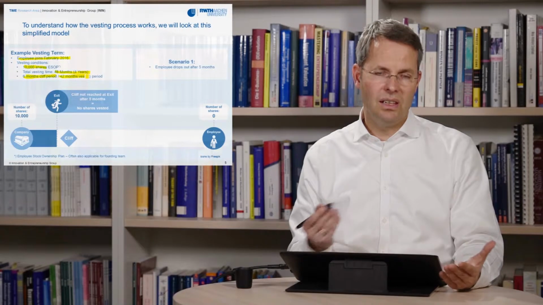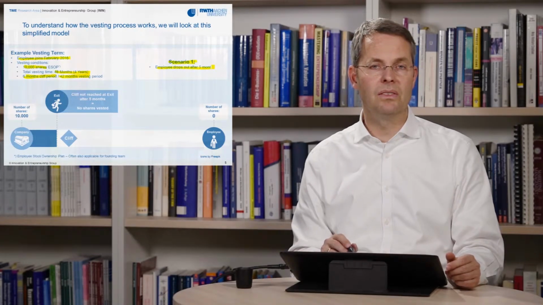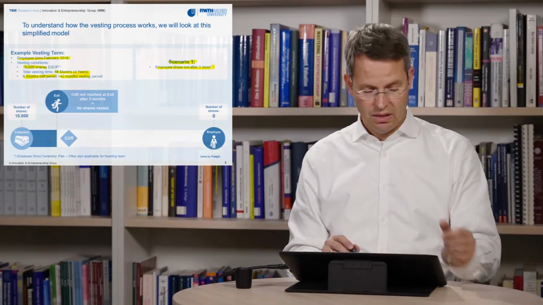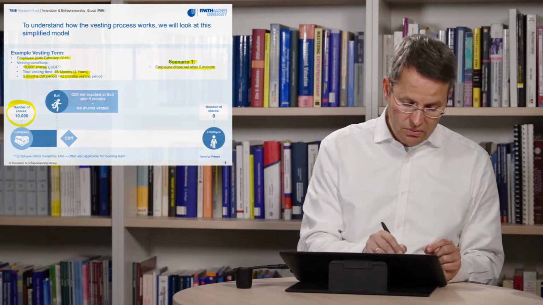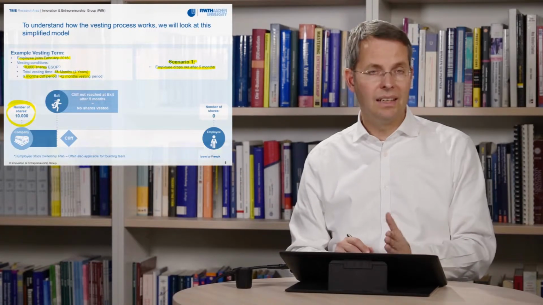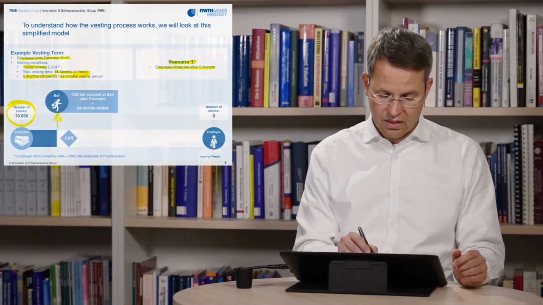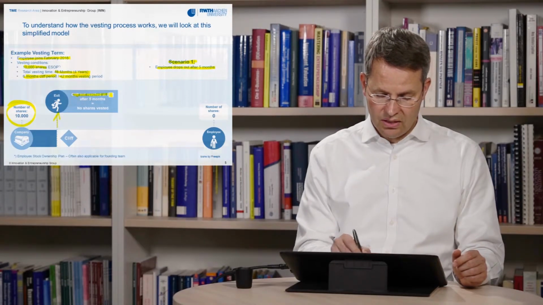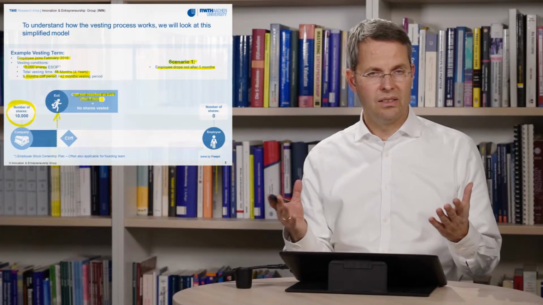Now, let's look at different scenarios. Scenario 1: the employee drops out after 5 months. What's happening? If he gets the 10,000 stock options at the very beginning and leaves after 5 months, the cliff is not reached at the exit of the employee, so no shares will be vested.